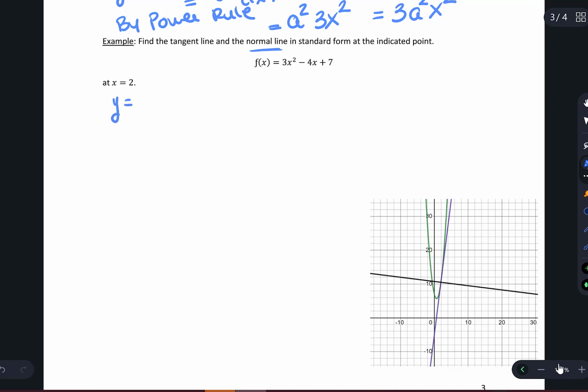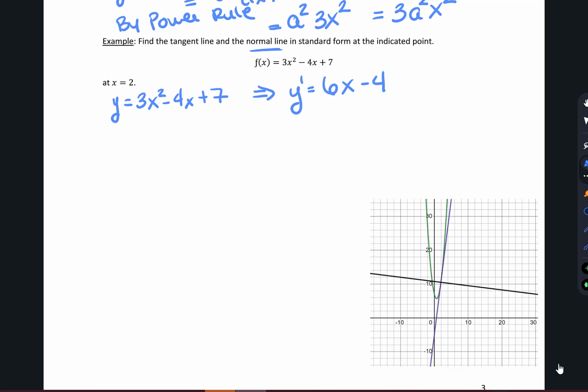So here I've got that y is equal to 3x squared minus 4x plus 7. And I'll let you check this on your own. This will be just like the examples that we just did. But the derivative is going to be equal to 6x minus 4. Now, this y prime, or this derivative, again, it's going to help me find the slope of the tangent line at a specified point.